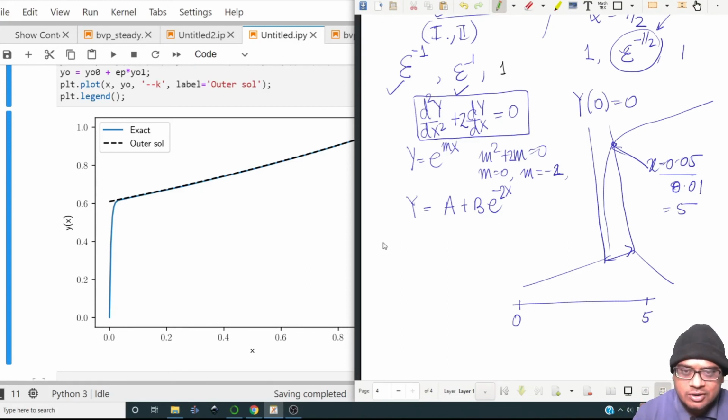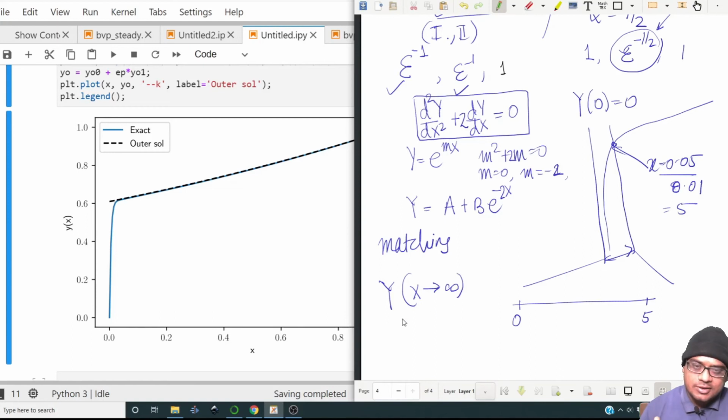So the other boundary condition comes from the principle of matching. That is, capital Y for large values of capital X, meaning X tends to infinity, should match with small y for x tends to 0. That is, this is from the outer solution.